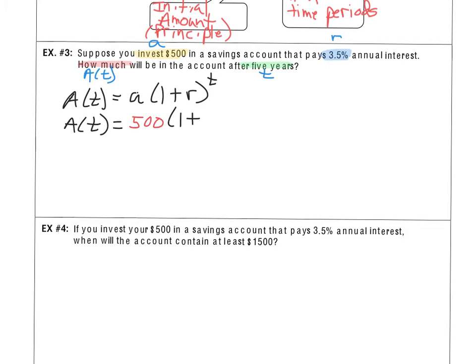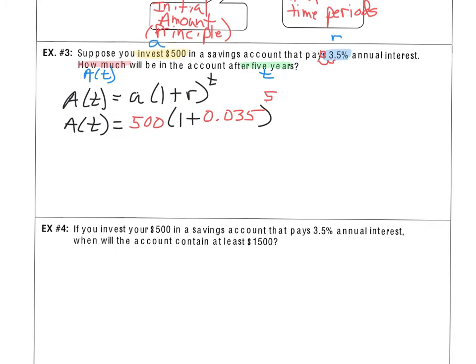Then we have to exchange this 3.5% into its decimal form by moving the decimal 2 places to the left. So I have 0.035, all raised to the 5.